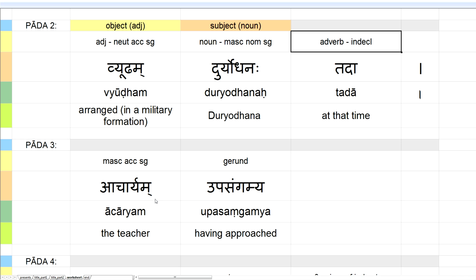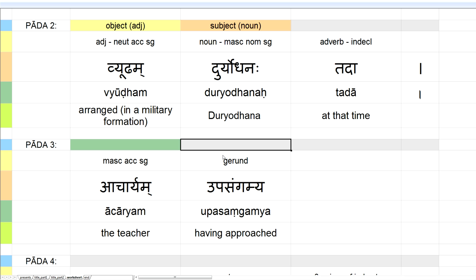My proposition is that these two are another clause, so I will fill that in first, because here we have another gerund.